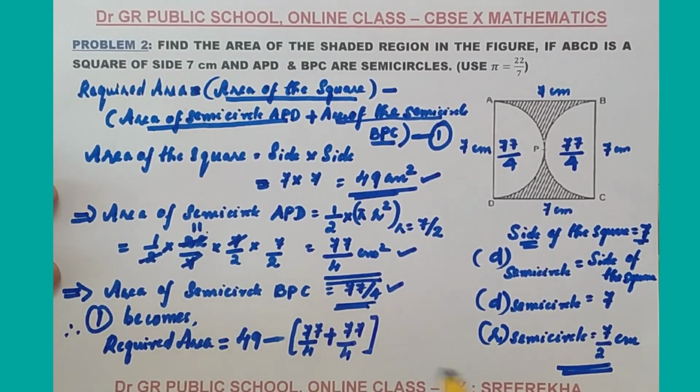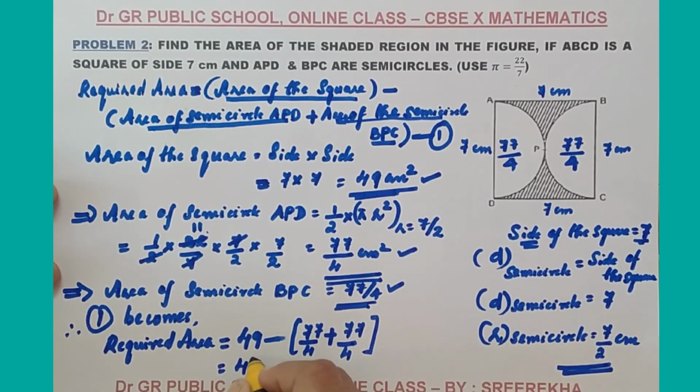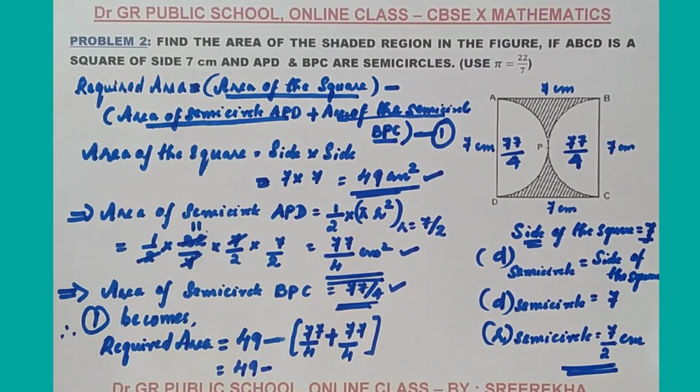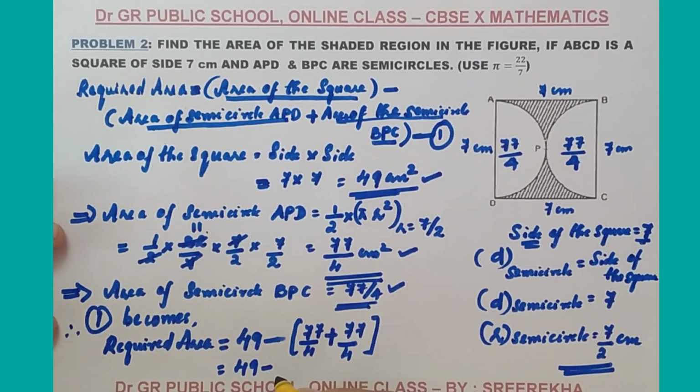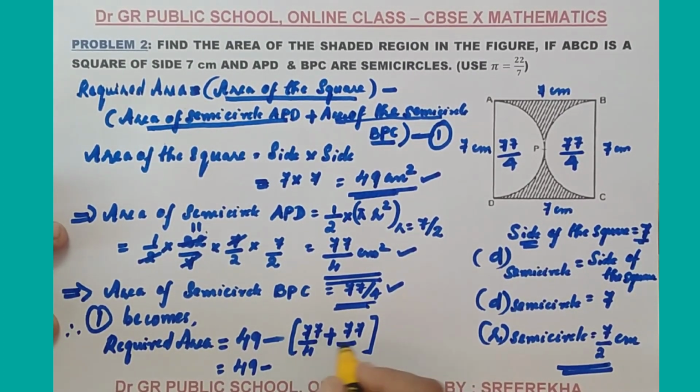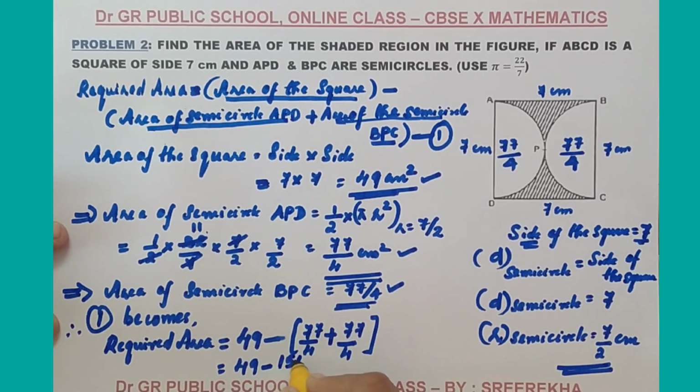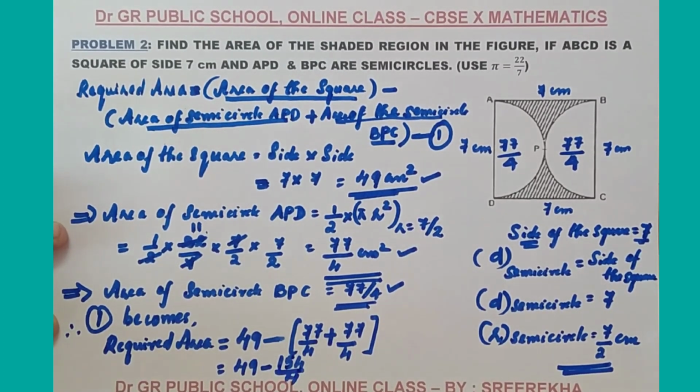Now we need to simplify this. You will get 49 minus. What is 77 by 4 plus 77 by 4? 2 times 77 by 4, which is 154 by 4. Either you can take the LCM, or 154 divided by 4 we can do.